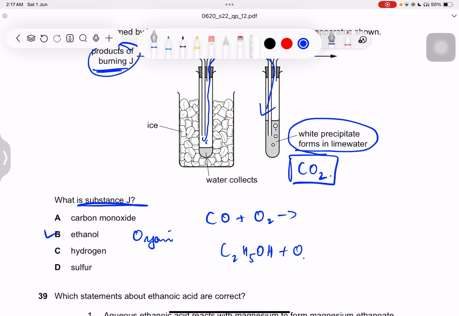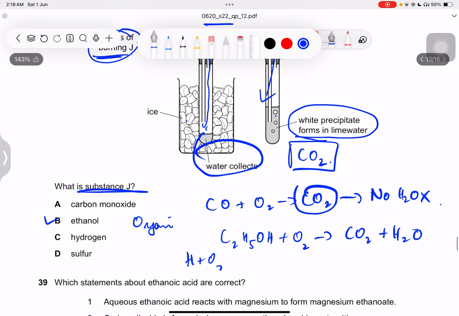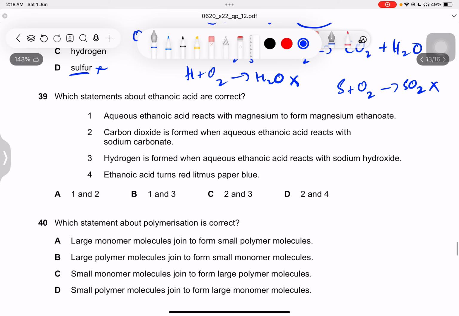So when it reacts with oxygen, it forms carbon dioxide and water. Even if this was carbon dioxide, we do not have water in this. No H2O over here. So option B is correct. As for hydrogen, not correct. As for sulfur, sulfur dioxide is produced, which is not correct either, because we want water and carbon dioxide.